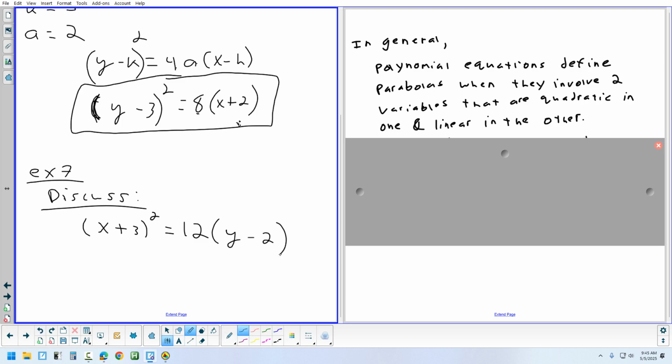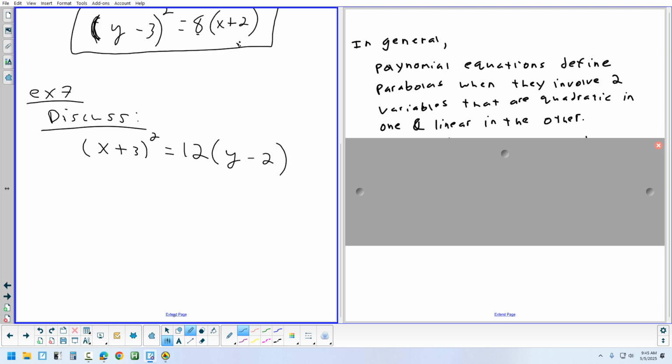Okay. What are the 3 letters that we need to define here? H, K, and A. Let's start with the x. What letter is always with x? H. Now we can't think of it like this.